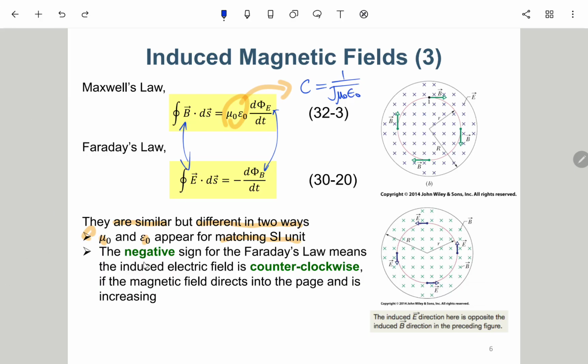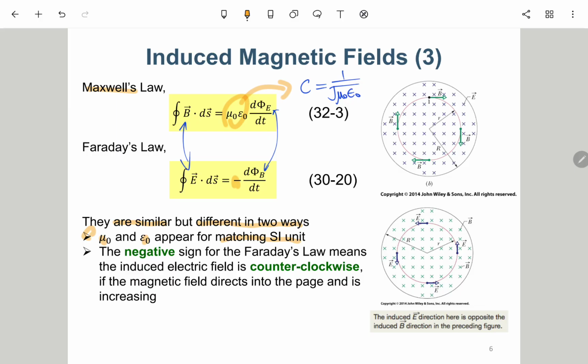This is the first point. For the second point, there's a negative sign in Faraday's law, known as Lenz's law. But for Maxwell's law here, there is a positive sign on the right side.